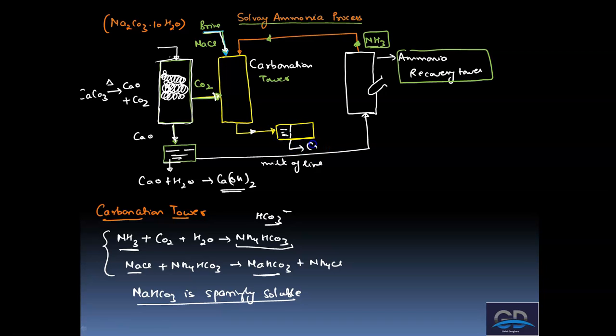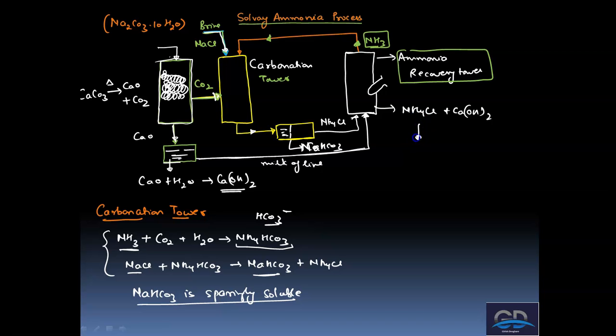then we will have sodium bicarbonate, and apart from sodium bicarbonate, you can see that the NH4Cl is passed through the ammonia recovery tower. Now this ammonia recovery tower also has an inlet for slaked lime. So you can see that NH4Cl and calcium hydroxide will start reacting.